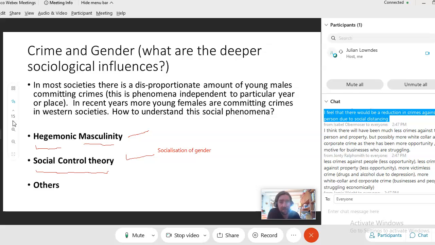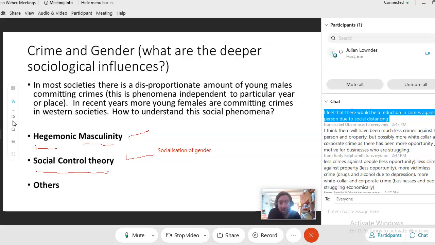What's of interest is that in countless societies and across time and places, there seems to be quite a high number of young males committing crime as compared to other age brackets of the community. And over the last 5, 10, 20 years, there's also a smaller increase in younger females committing crime in Western societies.